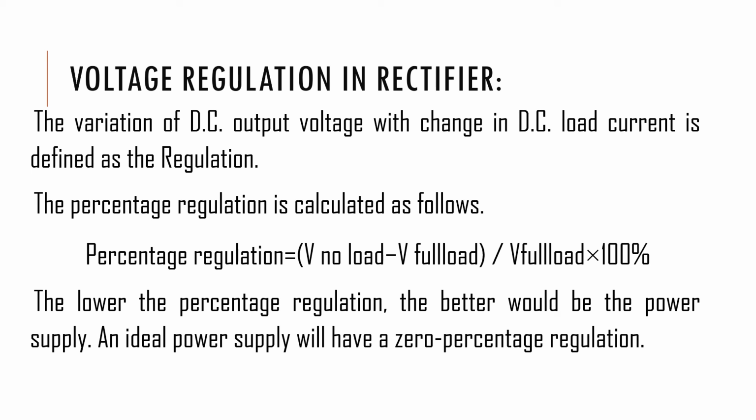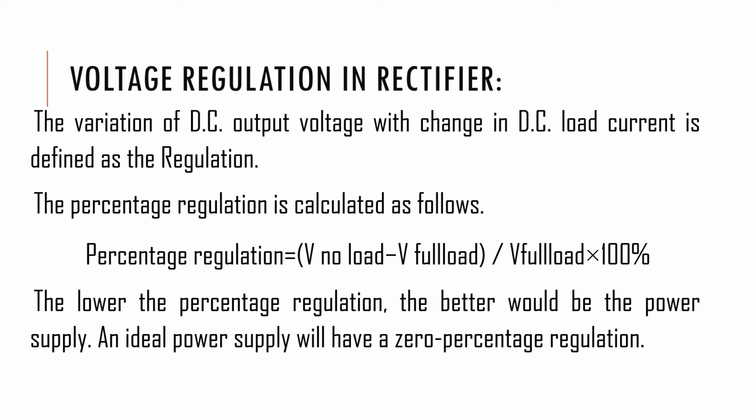Now let us see what is voltage regulation in a rectifier. Rectifiers need voltage regulation. The variation of DC output voltage with change in DC load current is called regulation. So this regulation must be there for a rectifier, for an ideal power supply.